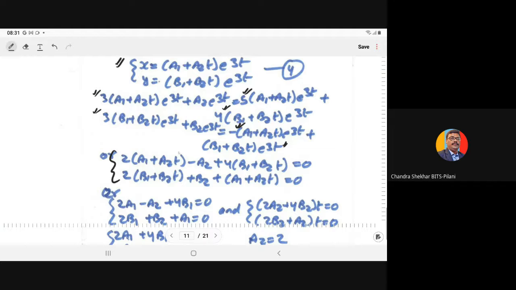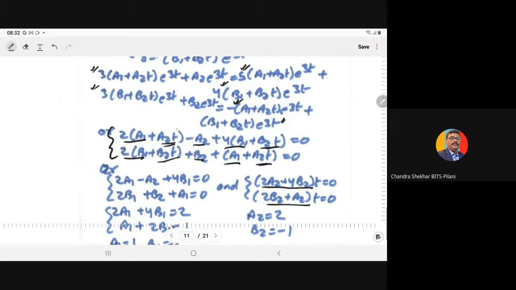Here we have a few terms with multiples of t and a few terms without multiples of t. You separate them, and because they are identically zero, we can write 2a1 minus a2 plus 4b1 is equal to 0, 2b1 plus b2 plus a1 is equal to 0, then 2a2 plus 4b2 t is equal to 0, and 2b2 plus a2 t is equal to 0.